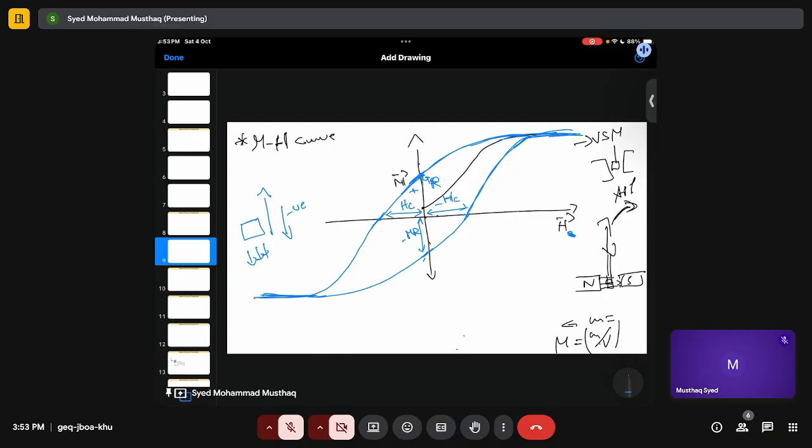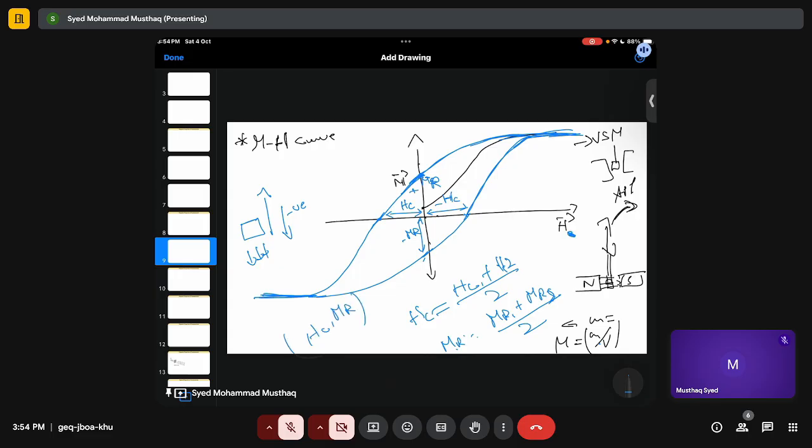Instead you can just cut a not-so-even cuboid sample, do the testing, and you will get average values. If you have different Hc values, all you do is Hc1 plus Hc2 over 2. The same goes for magnetization: Mr1 plus Mr2 over 2. You will have the average values of Hc and Mr.